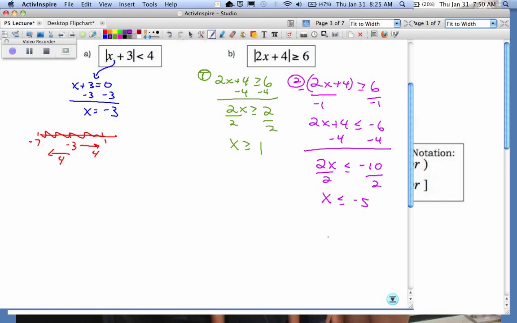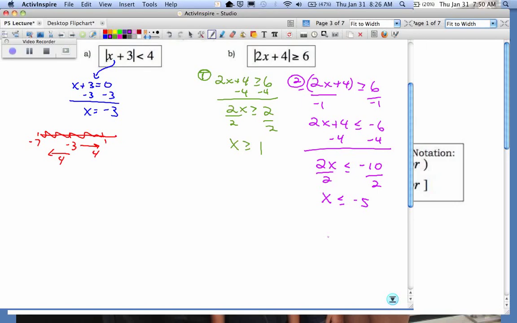Now, this is saying your absolute value has to be more than 6 at all times. Okay? Distance from 0 has to be more than 6 at all times. So when I think of it, it's kind of like a restraining order. Grant's bugging me so bad, I'm going to say he can't come within 6 miles of me. Right?